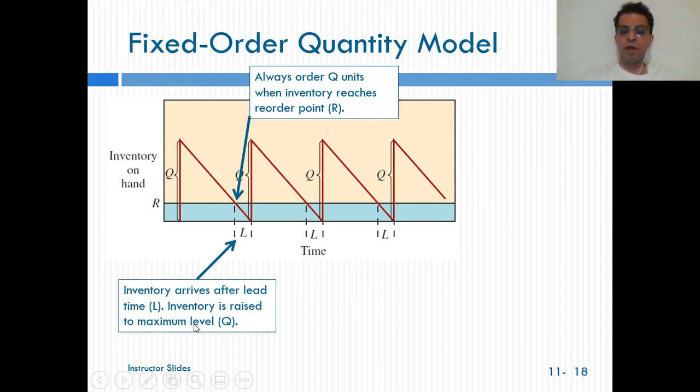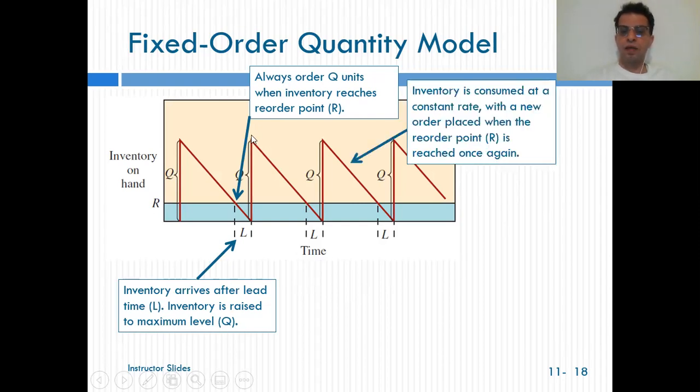Inventory is raised to the maximum level of Q. And inventory is consumed at a constant rate, with a new order placed when the order point is reached. Once again, it's a constant consumption. Once it reaches a certain level, you order, it keeps going down and then you fill it up. And it goes down to a certain level and then it goes up again.